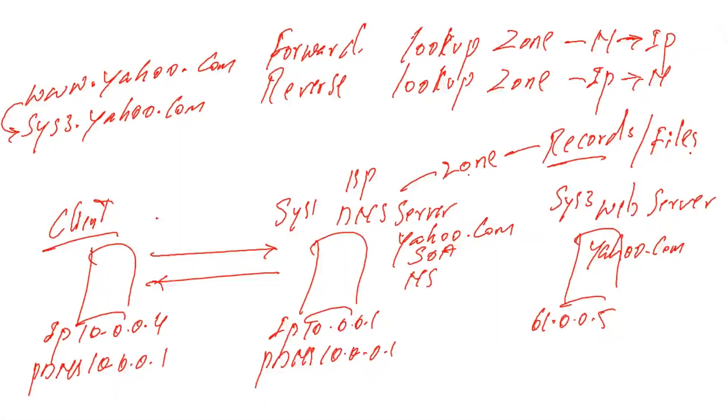But actually you can see that in the DNS server we have only 2 types of zones. One is the forward lookup zone and one is the reverse lookup zone. But in forward we can create 4 types of zones, and in reverse also we can create 4 types of zones.